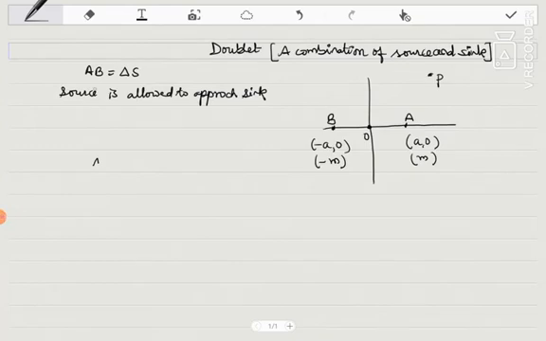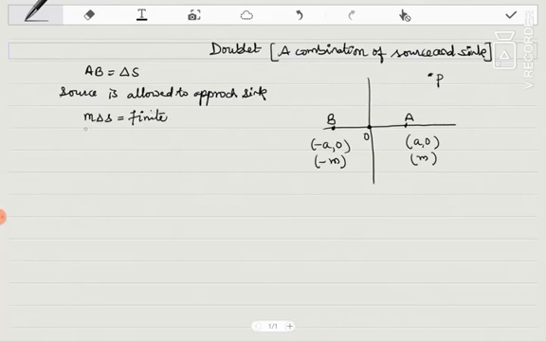Now here AB is taken as delta S. The combination M delta S, not twice A delta S. Twice A itself, delta S itself is twice A. Delta S M, this combination is always finite.